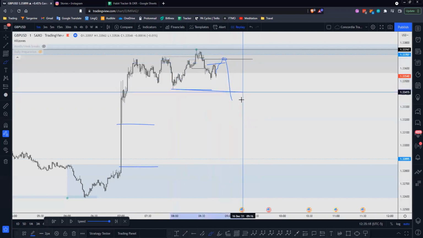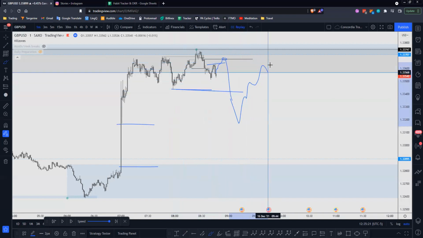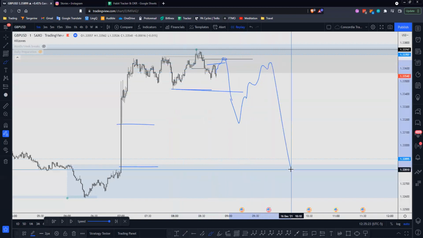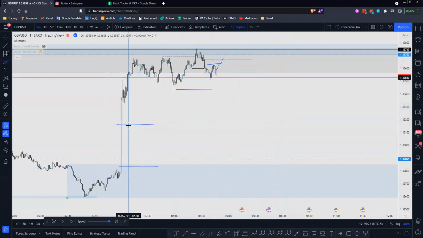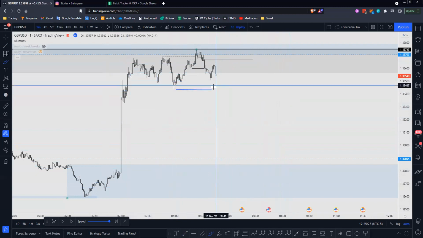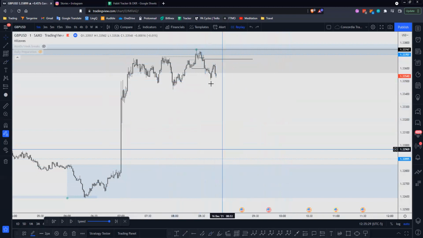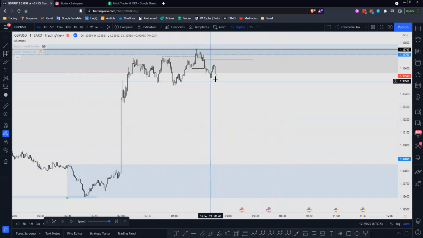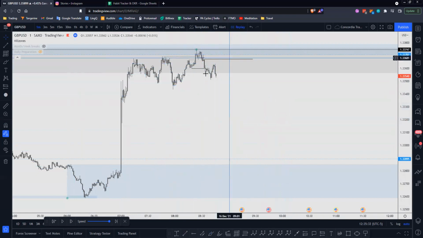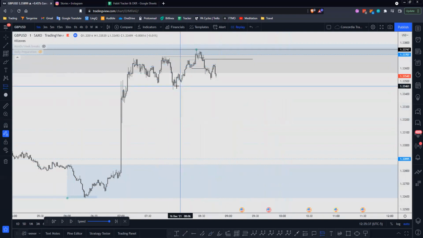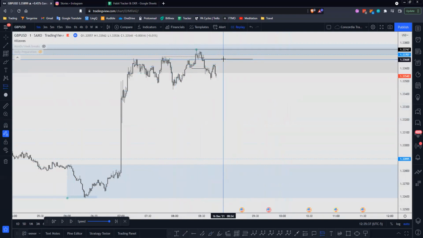And then by the time it breaks this one, it might not reverse back, or it might not come back up to mitigate and come back down, right? Because it doesn't have to do that. It doesn't have to present 1,000,001 opportunities to get in. But that's why I would definitely be aggressive like they were here and take this one without the major break in structure. So yeah, this is what I would do right here.